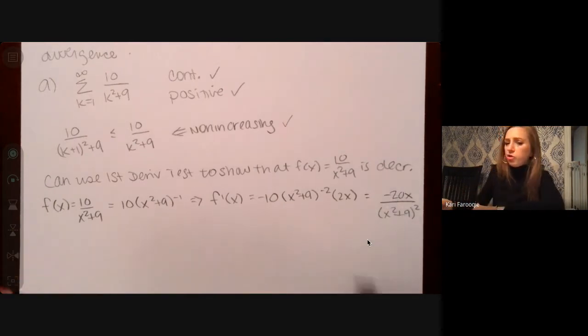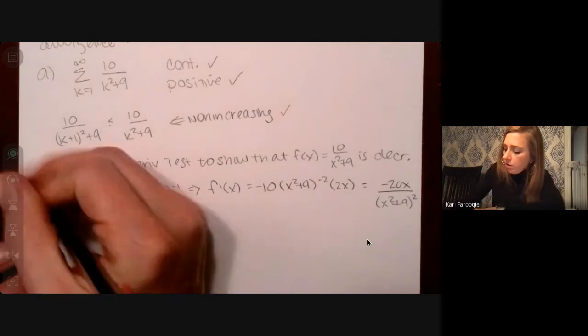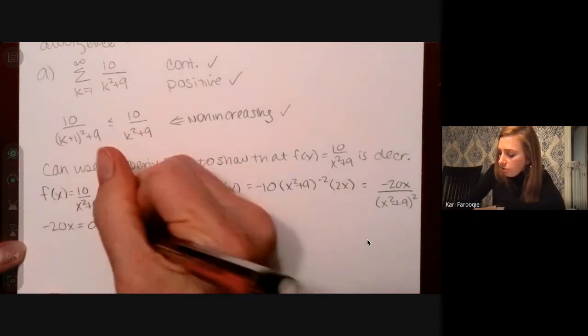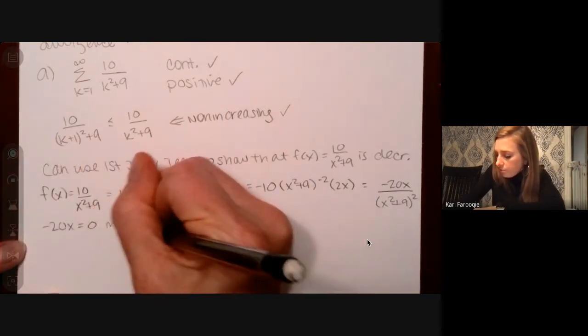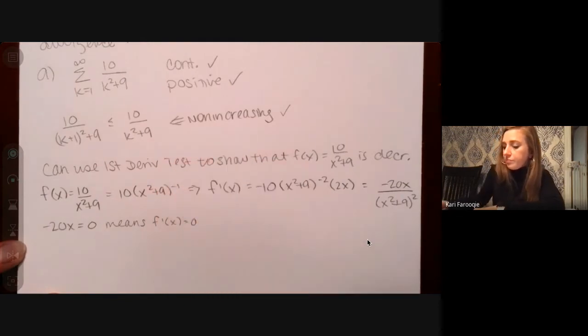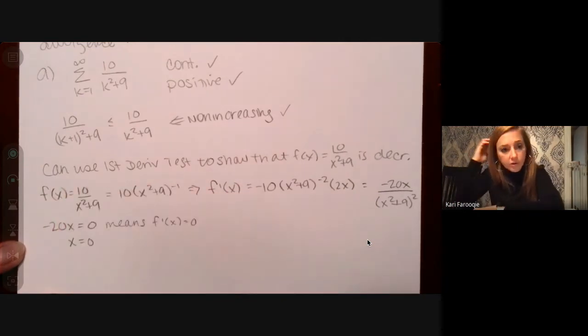Well, maybe we should put that down and then talk about looking for a test point to the right of that. Let's do that. Negative 20x equals 0 means that f prime of x equals 0. And if your first derivative is equal to 0, you get this critical number. You get x equals 0.